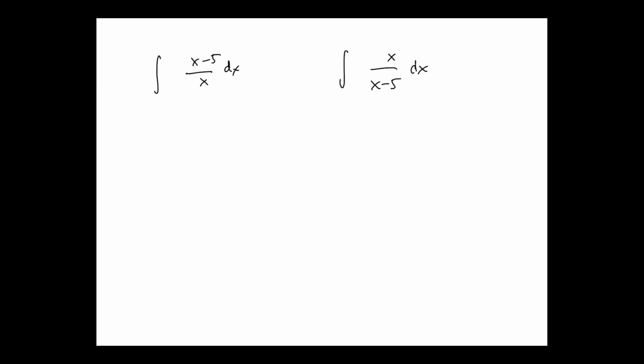The first one, where I've got the x minus 5 on top, we don't actually even need any substitutions or anything fancy here, because can I simplify the first one? Or rewrite it, maybe is another way of saying it. How could I rewrite it? Right. I could just break it into two fractions, so common denominators in reverse.